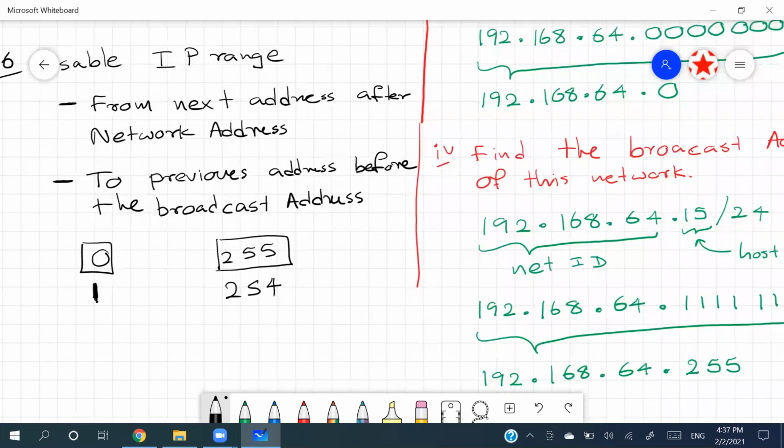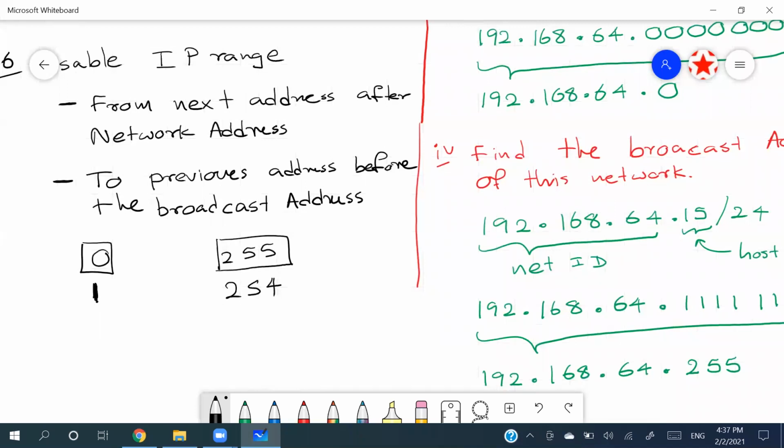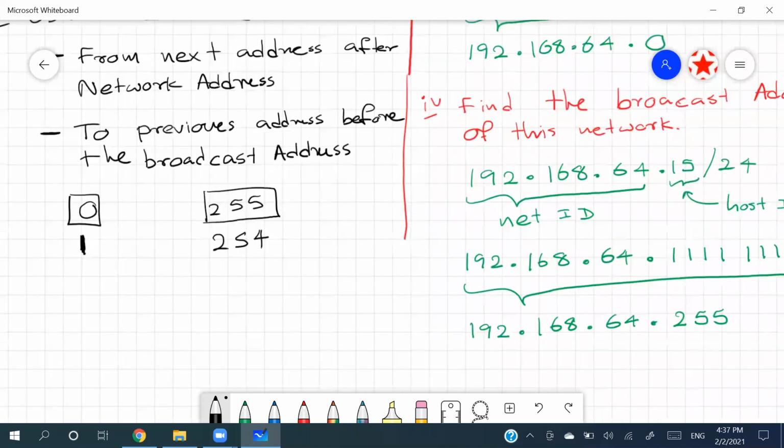Right? So we can say the next address is 192.168.64.1 to 192.168.64.254 as the usable IP range. තේරුණාද මං කියපු එක?